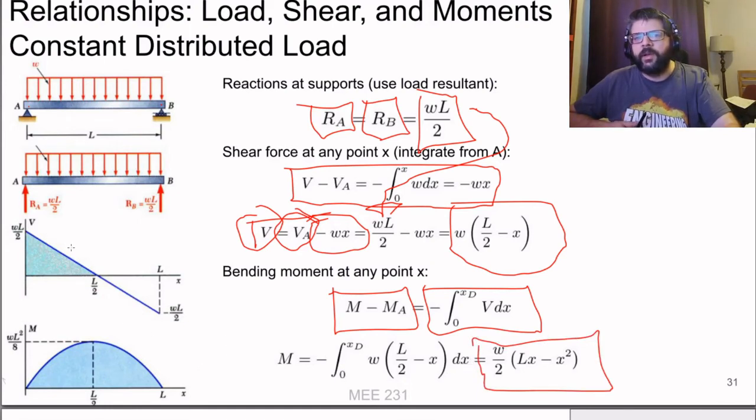So again, like I said, the slope of your moment diagram is equal to the magnitude of the shear diagram at that point.